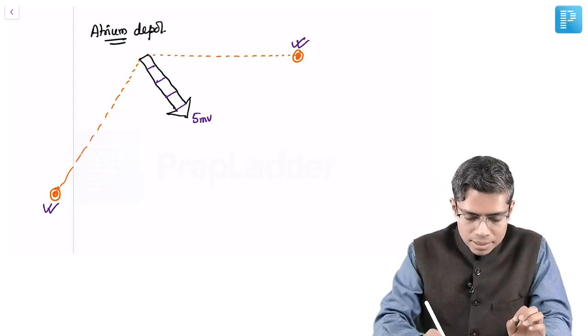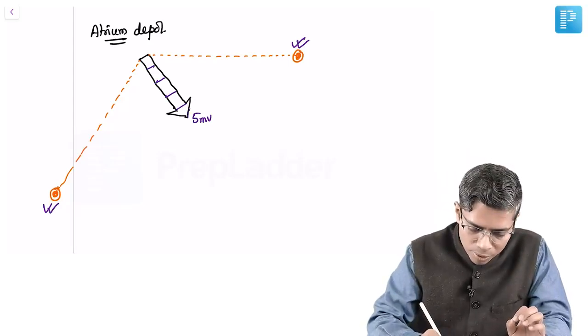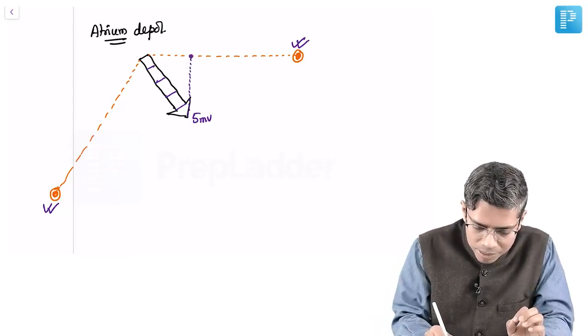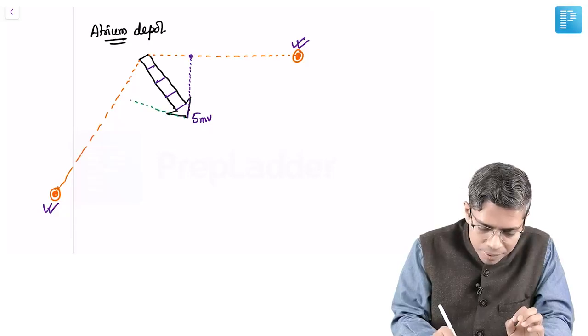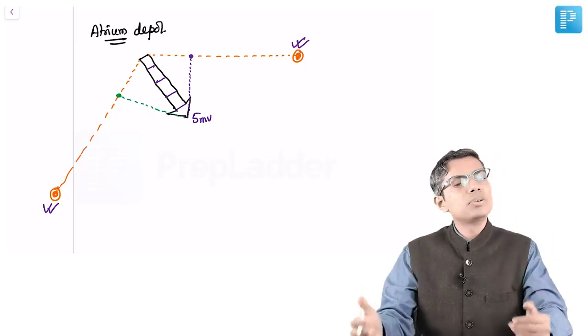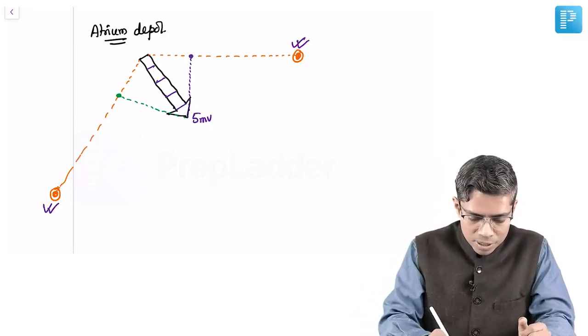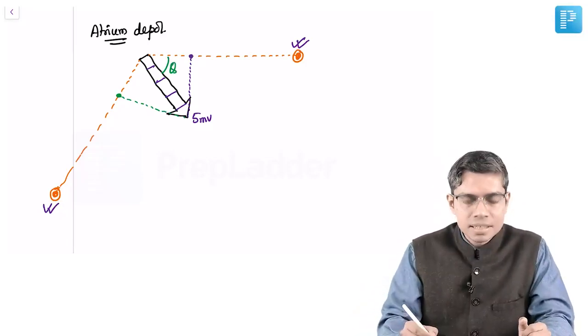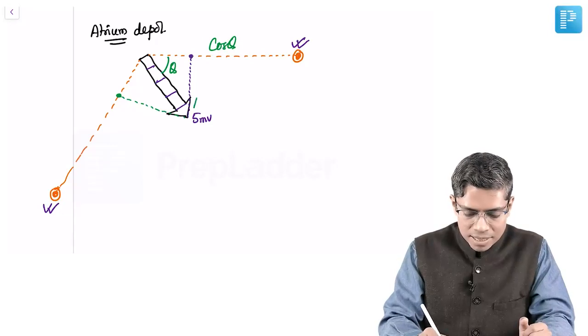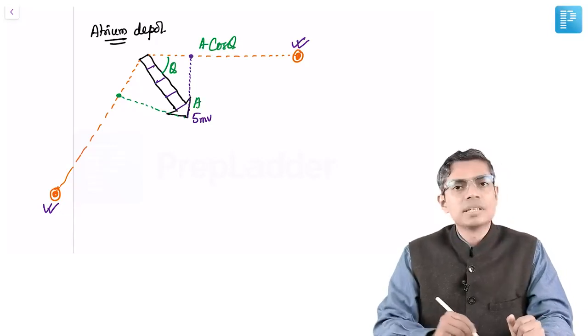How to calculate that? Simply you have to draw one perpendicular from this on the axis of this lead and drop another perpendicular from here on the axis of the other lead. Or you can do it by mathematics also. If you know this angle, suppose it is theta, then all of you know that it will be cos theta, right? The amplitude of this vector, suppose that is A, so A cos theta will be the amplitude.